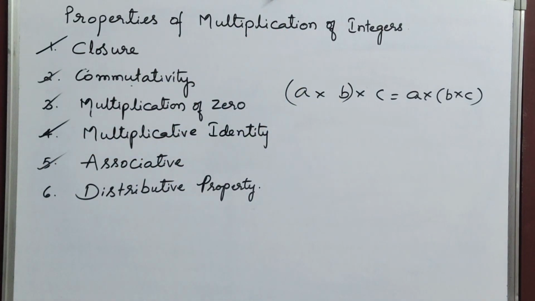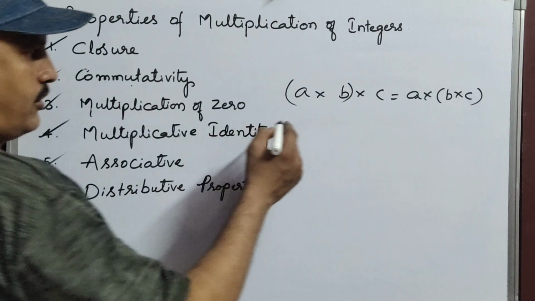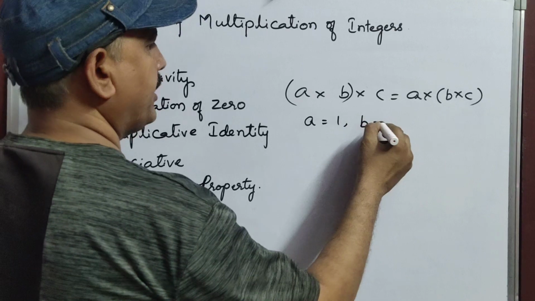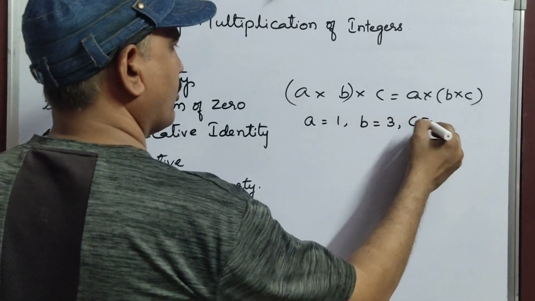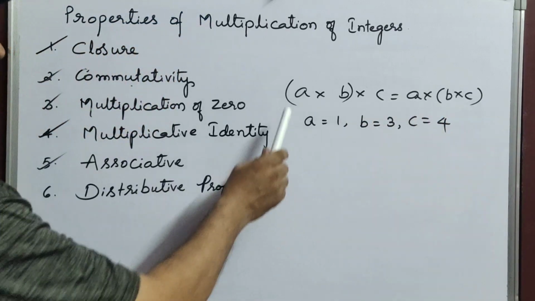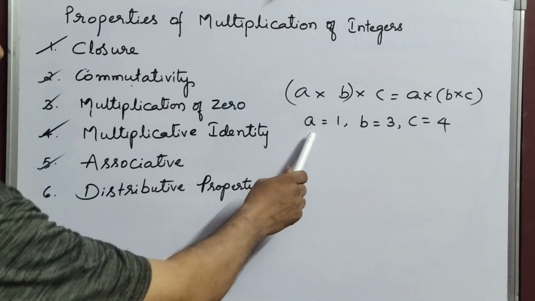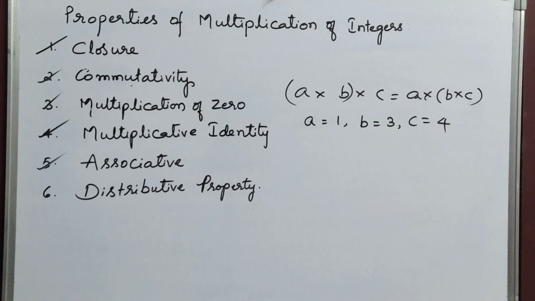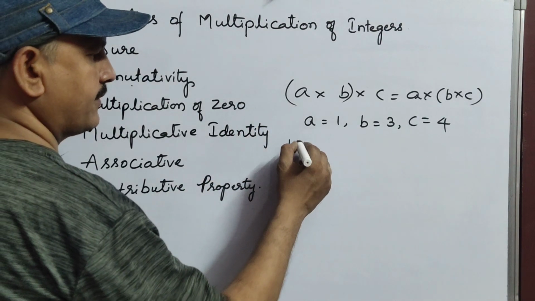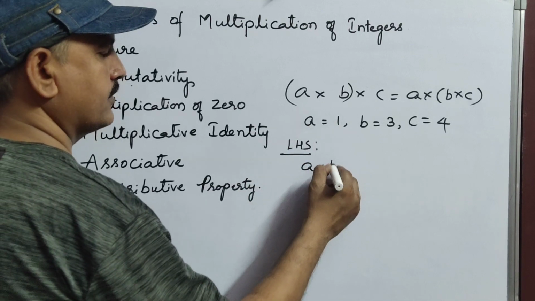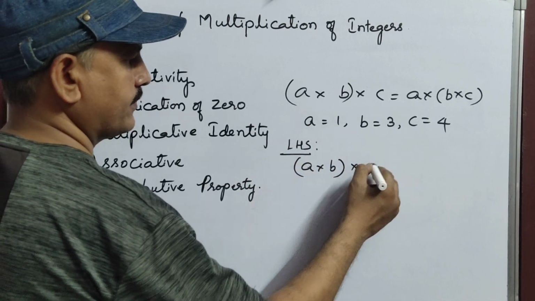Now we will go with one example. Suppose you take a as 1, b as 3, c as 4. Because there are three variables a, b, c, we have taken three numbers. Now take LHS: a into (b into c).